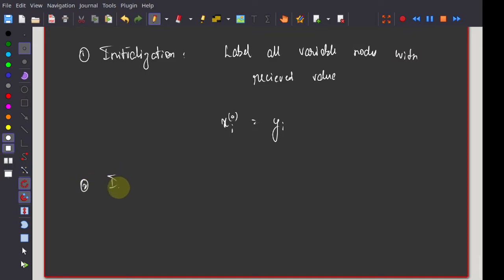And then you perform the following iterations. From the ith variable node to the jth check node, which is its neighbor, the message is going to be exactly equal to xi of t. So whatever it currently has, it is just going to spread this information to all its neighbors.